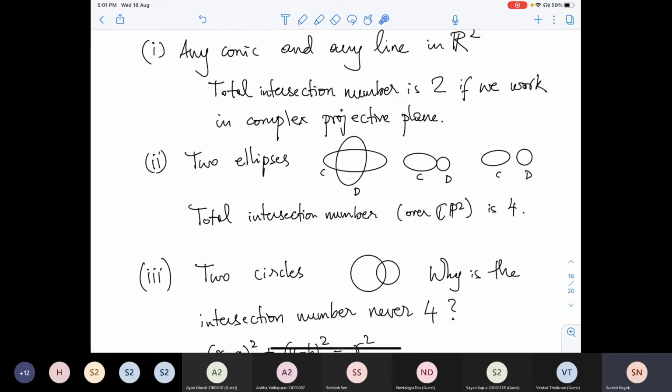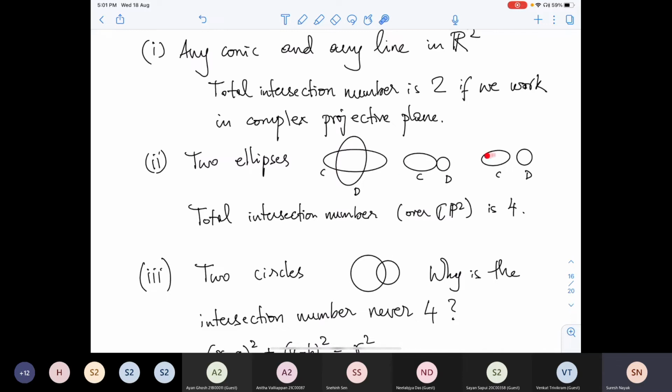I'm not very sure. Maybe this also has 2 more complex points at infinity. But whatever it is, the intersection number is always 4. But we still see a situation where the full intersection number is achieved.